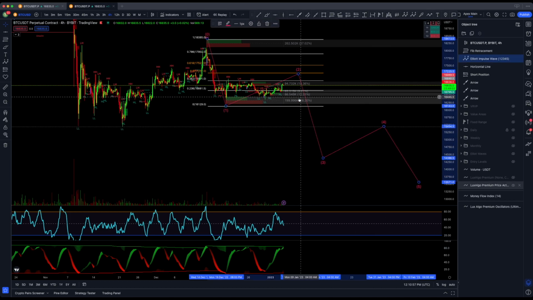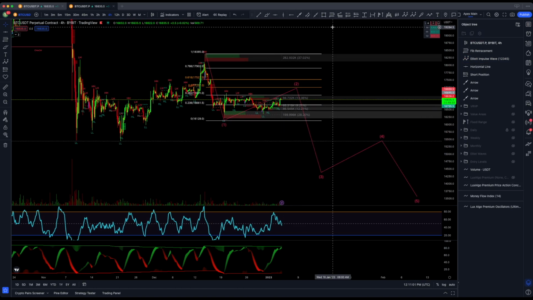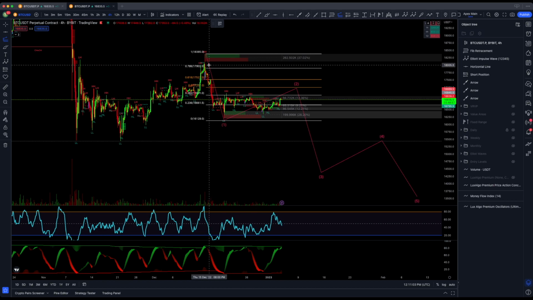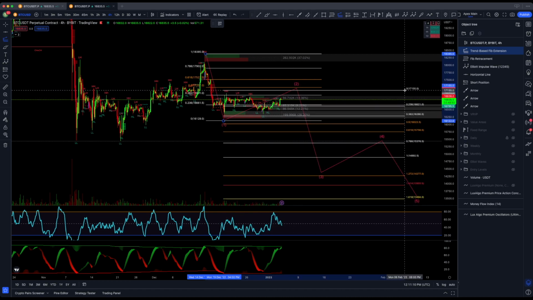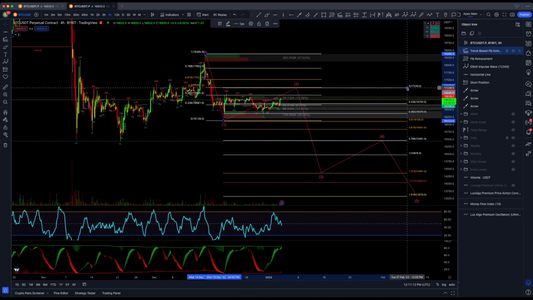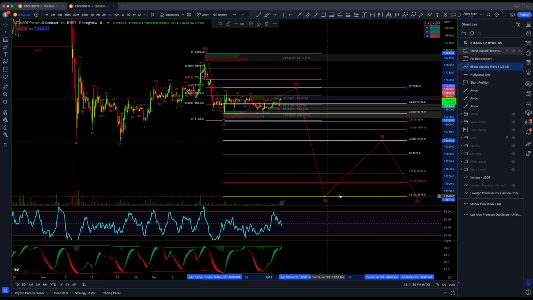Right, and then you'd say, okay, well, what about your 3rd wave? How do we know how far that could go? Well, you take your high to your low, back to where you think your wave would be, and then you're either looking at your 1-to-1 or your 1.272 or even your 1.618, which would be here.